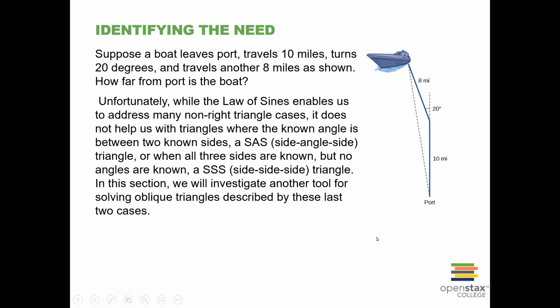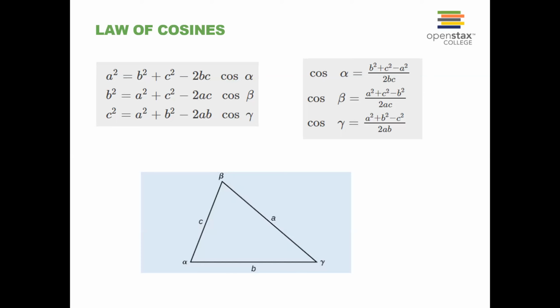All right, so in order to deal with those kinds of situations, we need to learn the law of cosines. Here it is. Again, we have a triangle labeled the way that we discussed in a previous section. The law of cosines says that a squared equals b squared plus c squared minus 2bc multiplied by cosine alpha.